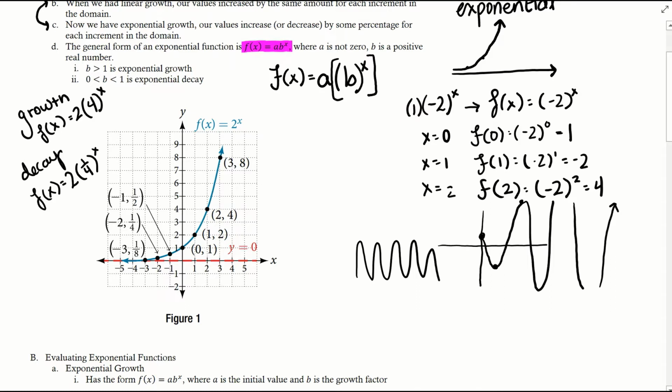And notice that 1/4 squared, you get 1/16. So these will get smaller and smaller and smaller. That also means decimals on the inside, because a fraction is a decimal: 0.25 to the x. So these are decay, and this one is growth.